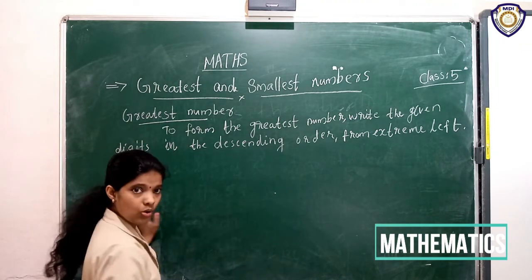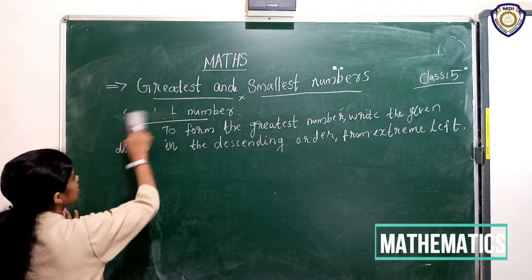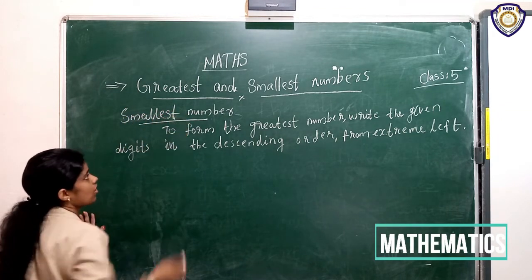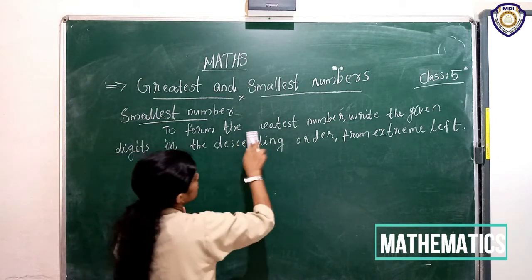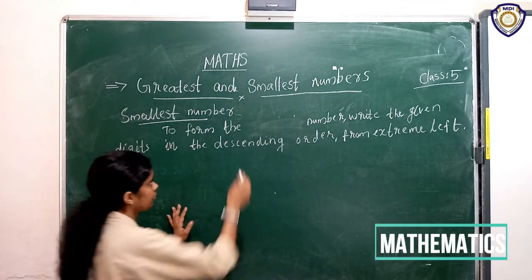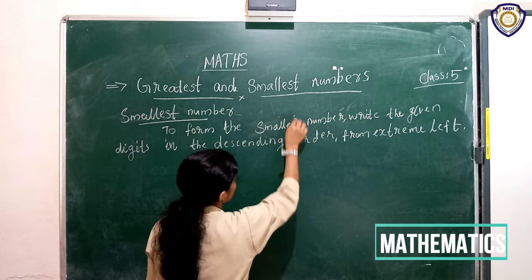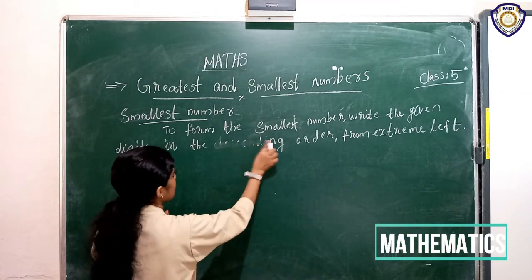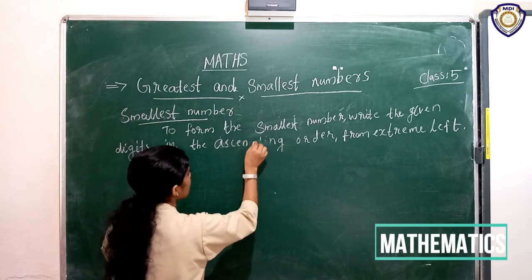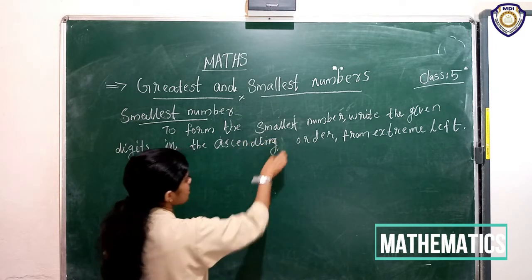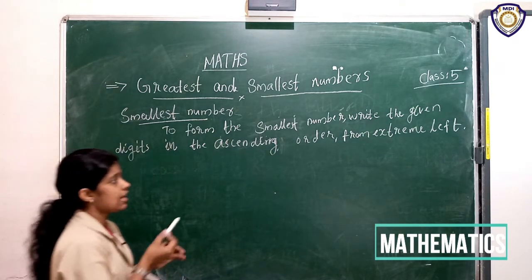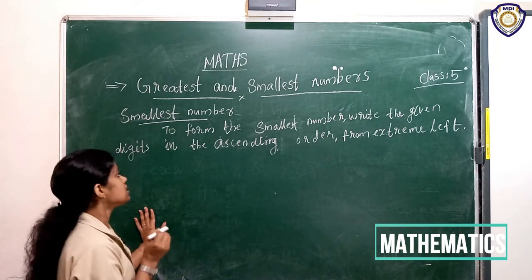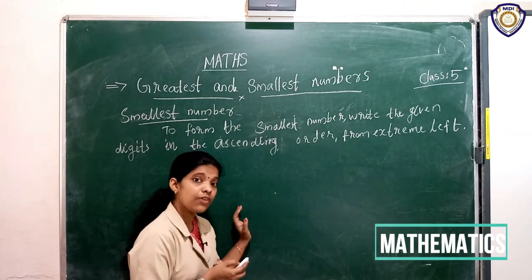Smallest number. Listen here. To form the smallest number, write the given digits in ascending order from the left extreme.